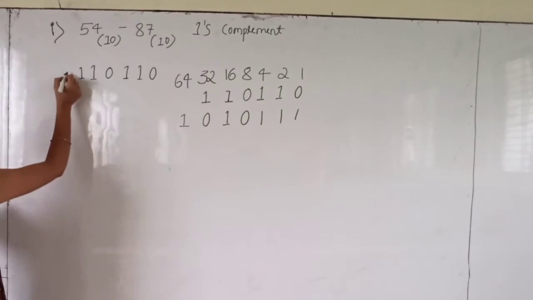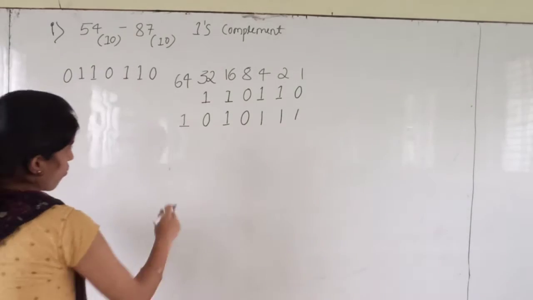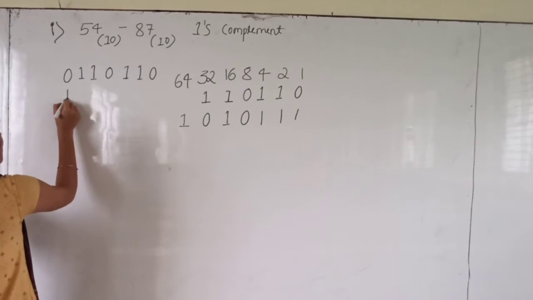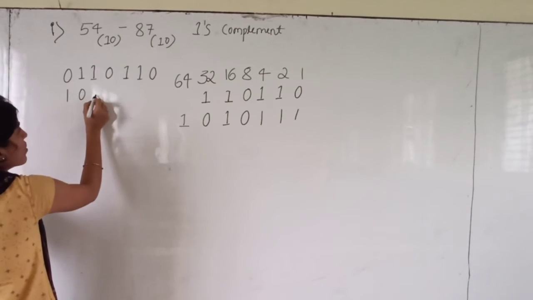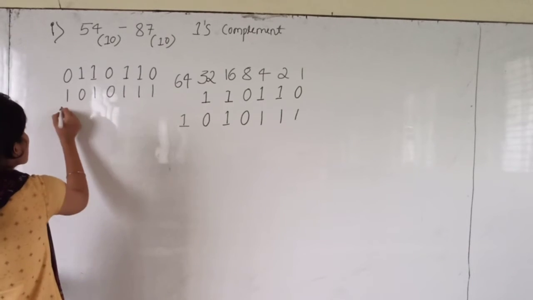The equivalent binary number for 87 is 1010111, and for 54 it is 0110110.